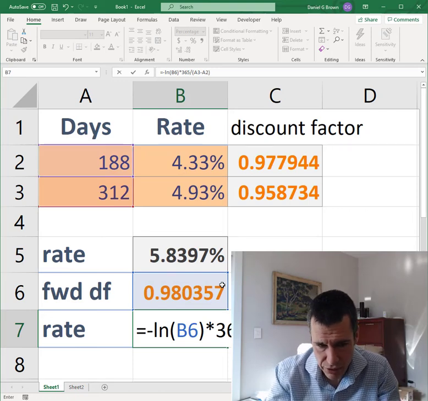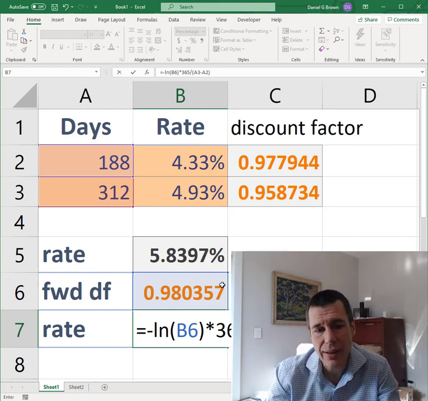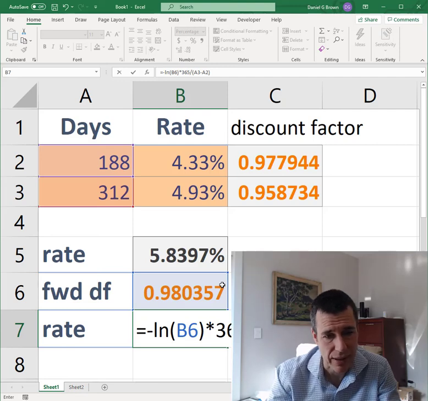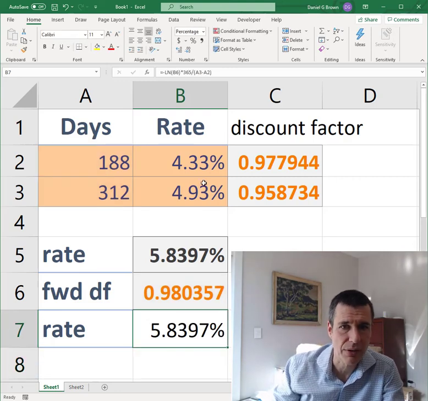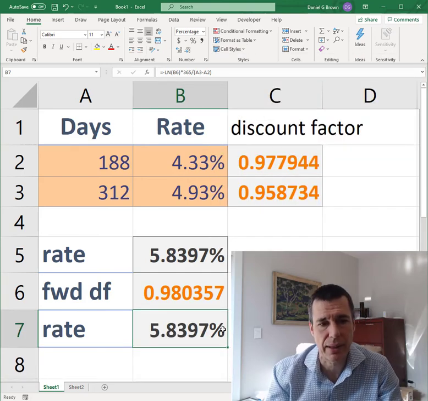This is just inverting that formula. Days here are the days in our period. Hopefully, if we've done this correctly, and it looks like we have, we get exactly the same answer.